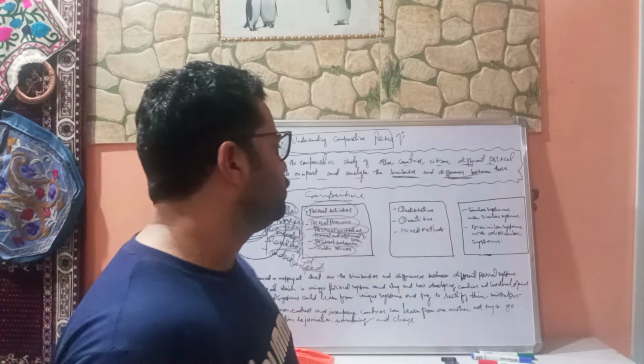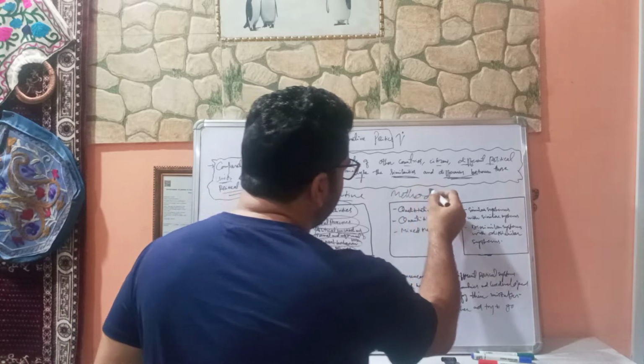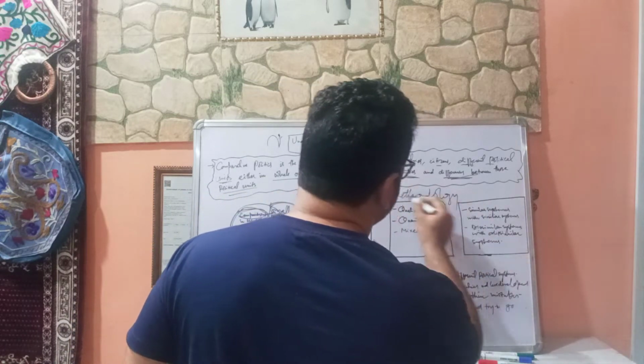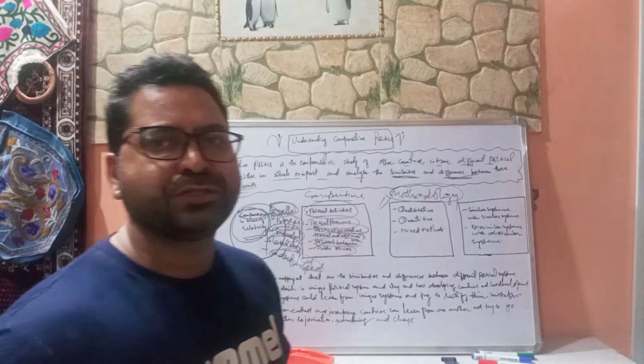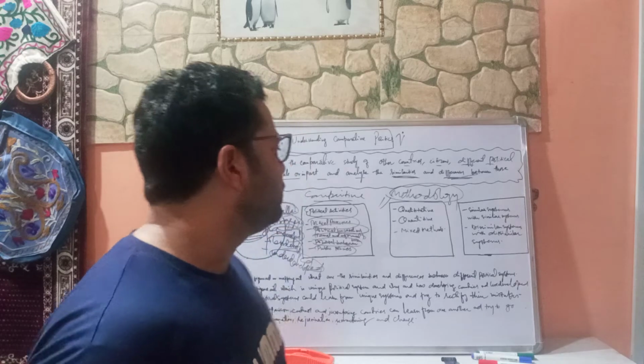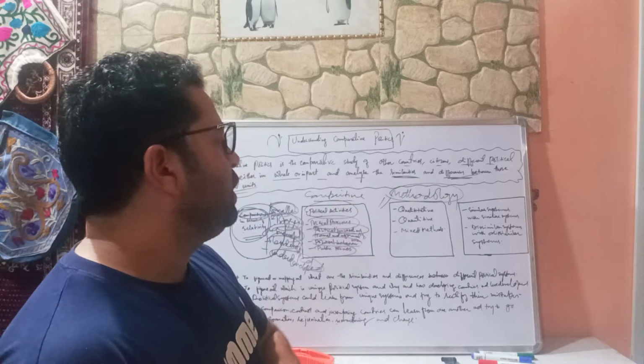Then what kind of methodology will we use? In comparative politics, methodology plays a very important role. Arend Lijphart, a great scholar, focuses mainly on methods and methodology in comparative politics.